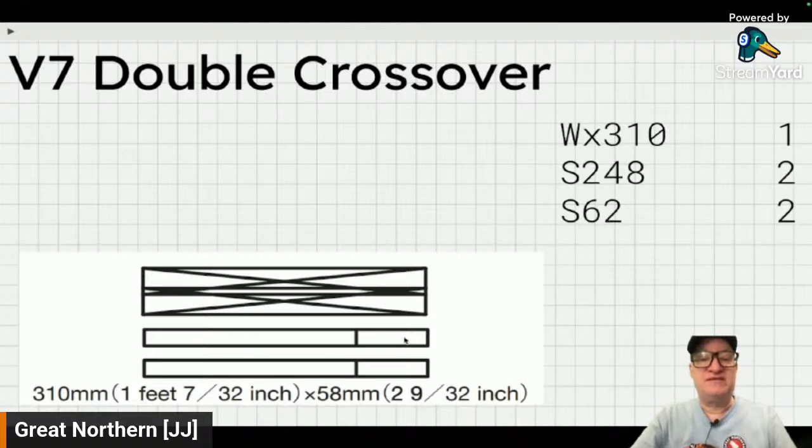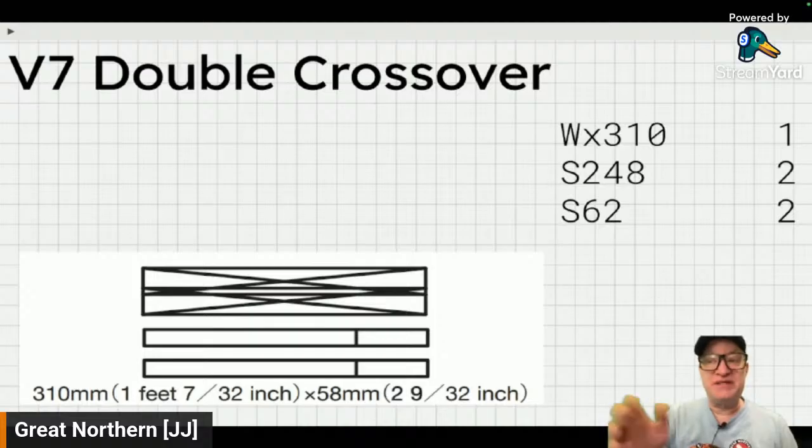So this amount of straight track equals that distance. This is a little longer because the double crossovers are based on the geometry of the number 6 turnout. And so they tend to be better. The number 6s tend to be kinder to higher speeds of running when you're taking the turnout.